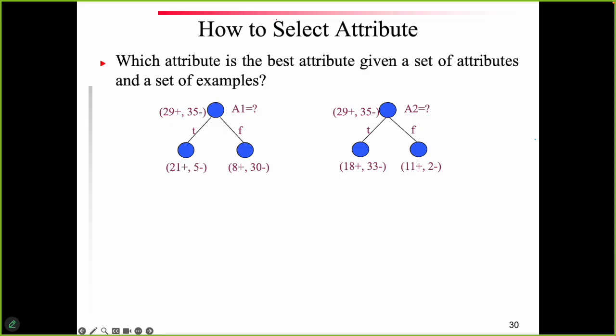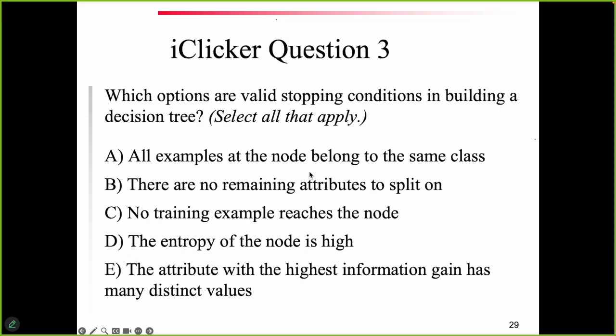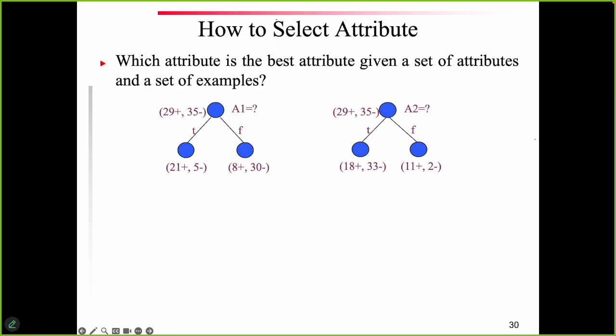The only thing I would like you to know at this point is that after splitting, even though both start with the same data, the distributions after splitting are different. Some splits create cleaner groups, like this one or this one, but some keep the data mixed, like this one. And so we want to see which attribute produces the best result.